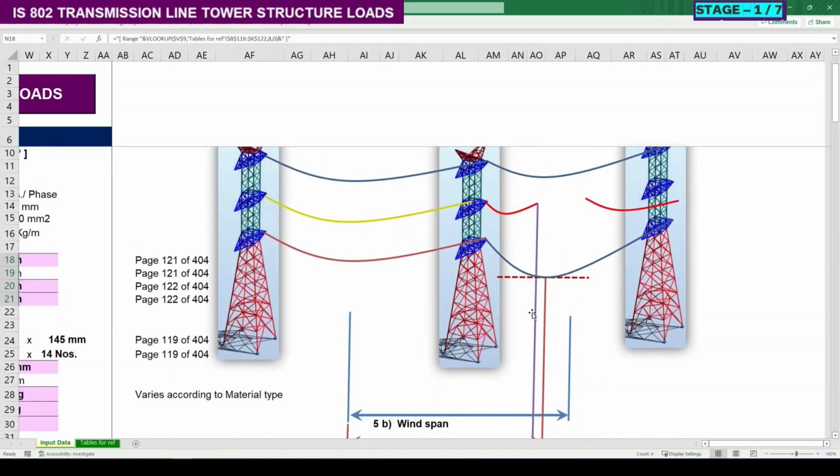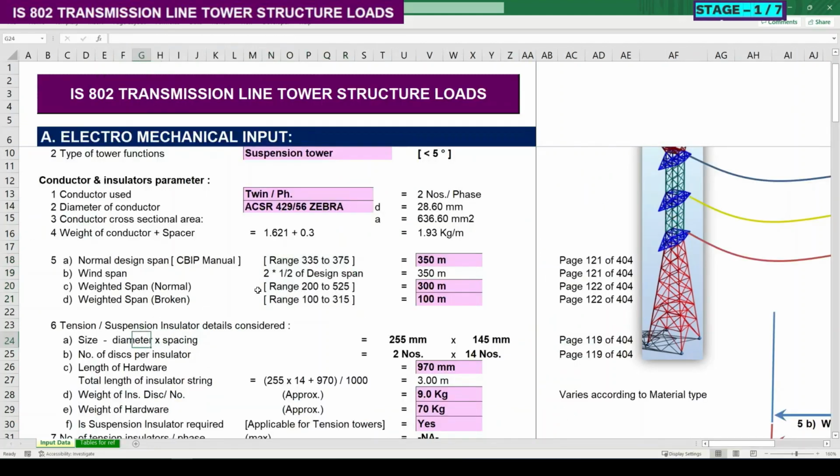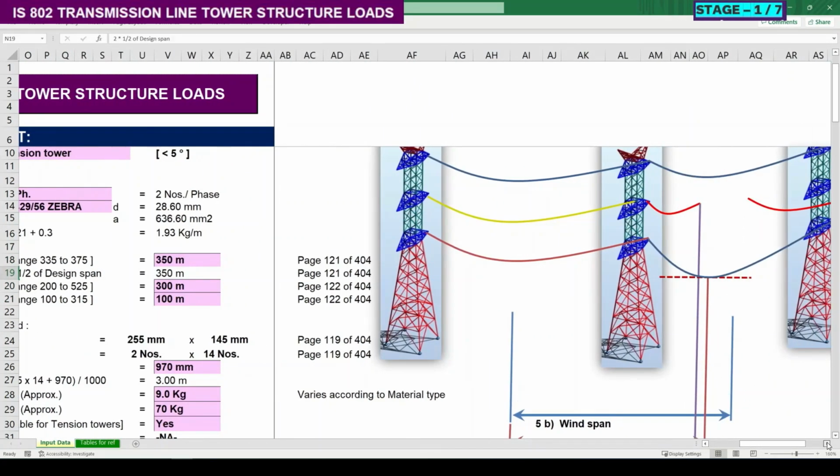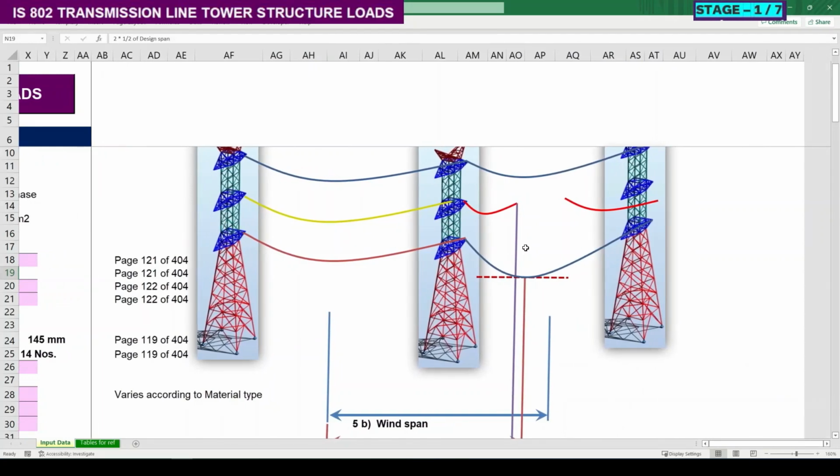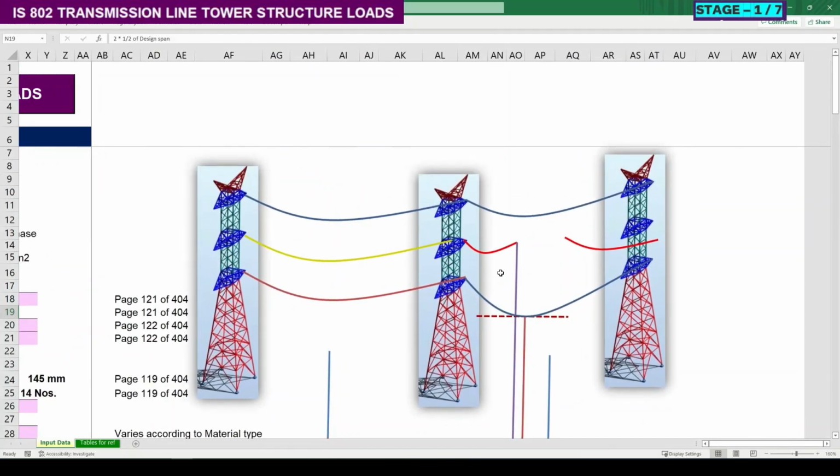If you are considering half of either side of the span of the conductor, that should be the wind span. So wind span should be 2 into half of the design span. Design span is nothing but the distance between the 2 towers. It is the average, the square root of the squares of the 2 spans between the adjacent sides.